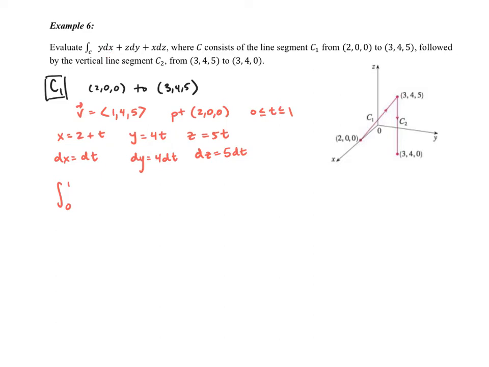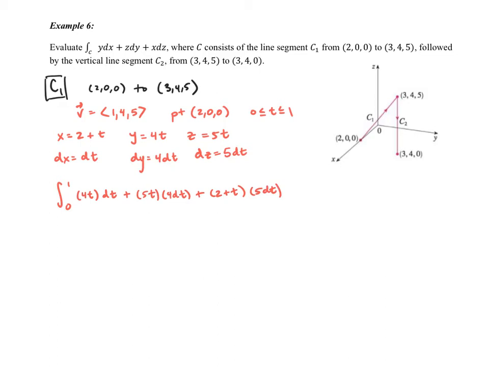That's going to be instead 4t times dt, since dx is equal to dt, plus z, and z is 5t, and dy is 4 dt, plus x, which is the quantity 2 plus t, and dz is 5 dt.